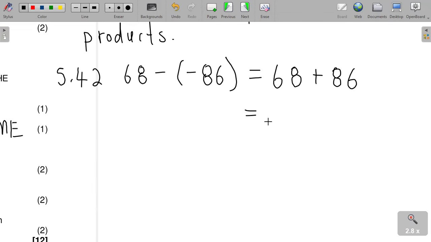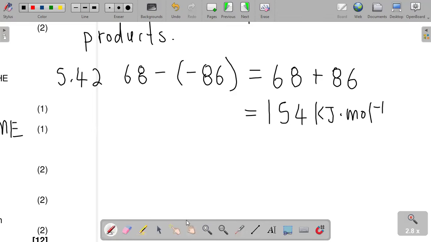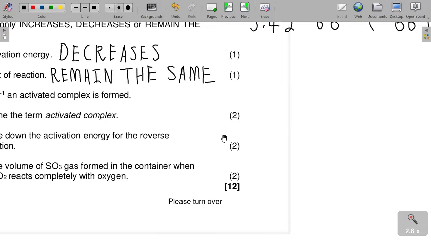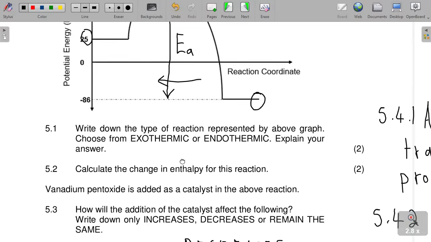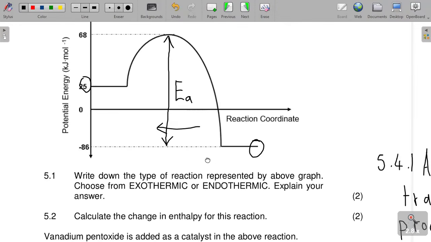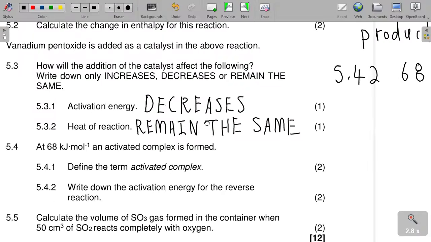Using your calculator, it will be 154 kilojoules per mole. That is the unit that we're given here.